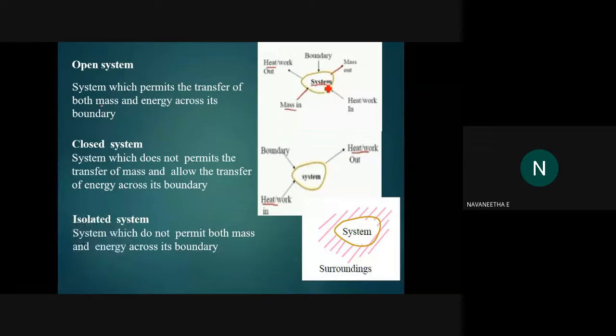In closed system, transfer of energy only. Write the short note. Then isolated system, no transfer of both mass and energy.